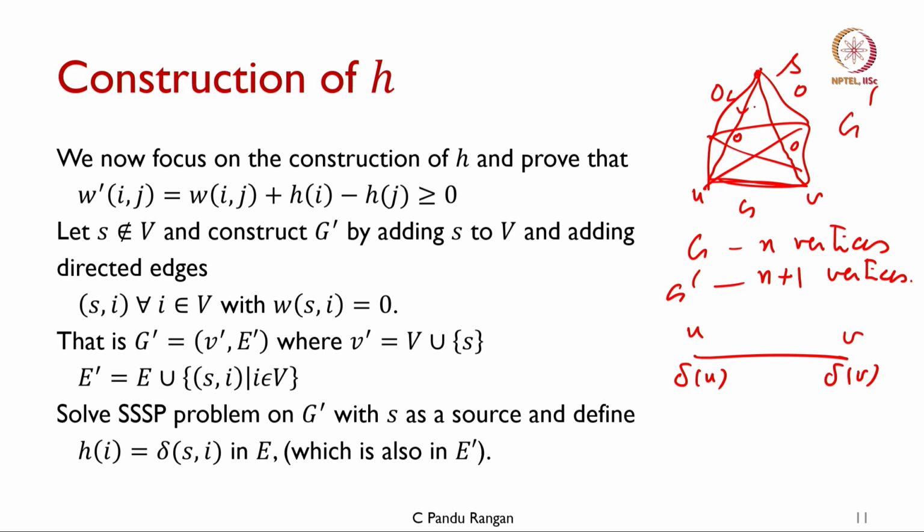No new cycle is created by this. They are one way edges and their weights are 0. Therefore, this is not introducing any new cycle. The same cycles in G are what is there in G dash as well, and they are all positive, non-zero. So I can apply the Bellman and Ford algorithm and get delta U and delta V for all vertices.